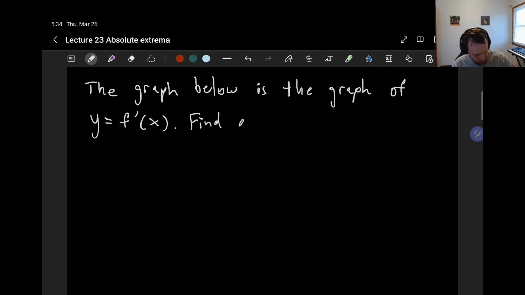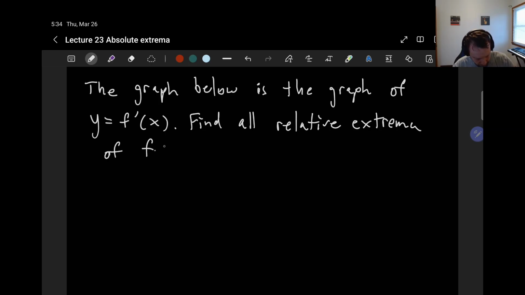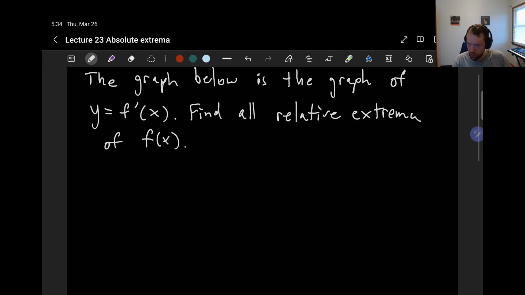Then the question is find all relative extrema, so local maximums and local minimums, of f of x. And we're just going to look for the locations. All we know is the graph of the derivative.